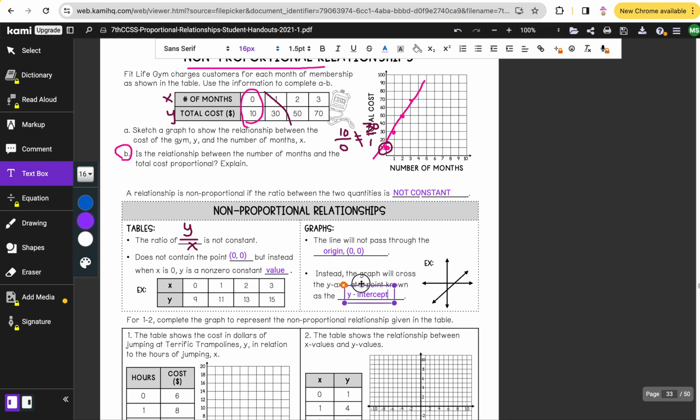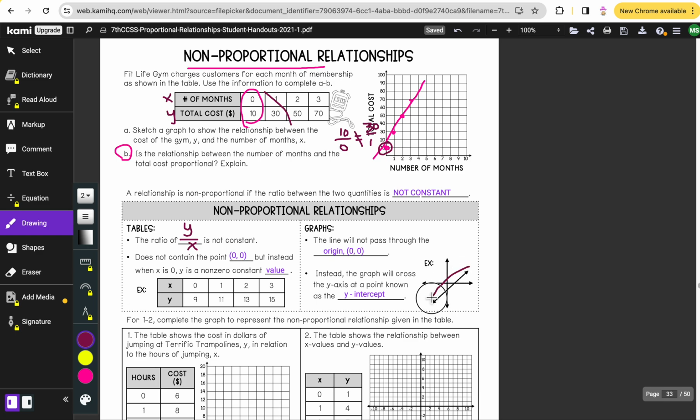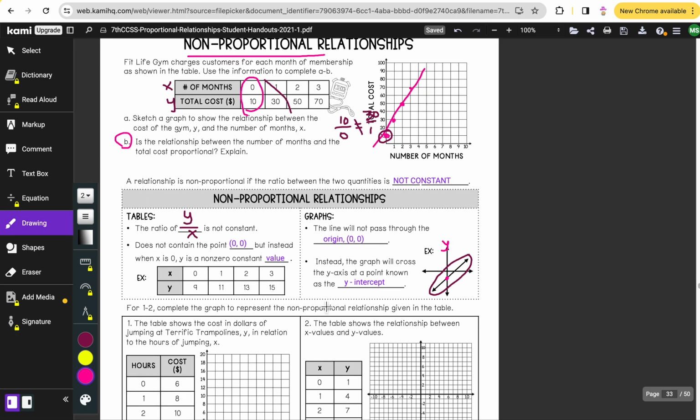So these are still straight lines, right? This is still a straight line on this graph. It's still a linear relationship. It's just not proportional. And what they're saying is this point right here, where this line is crossing the y-axis, is known as the y-intercept.